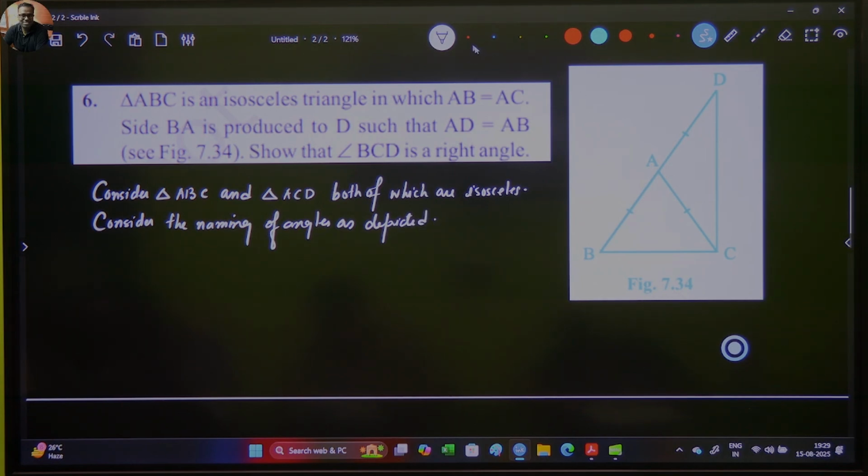Consider name of angles as depicted. So I'm naming this as angle 1. I'm naming this as angle 2. I'm naming this as angle 3. I'm naming this as angle 4. I'm naming this as X. And this is 180 minus X. Right?